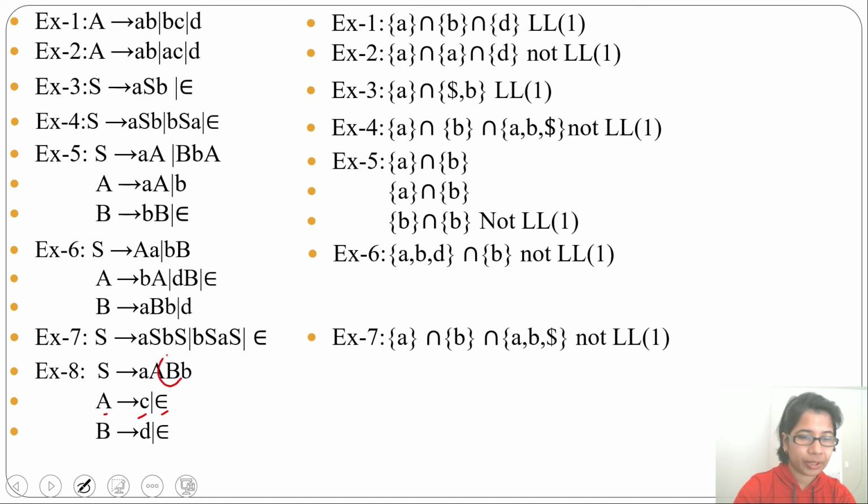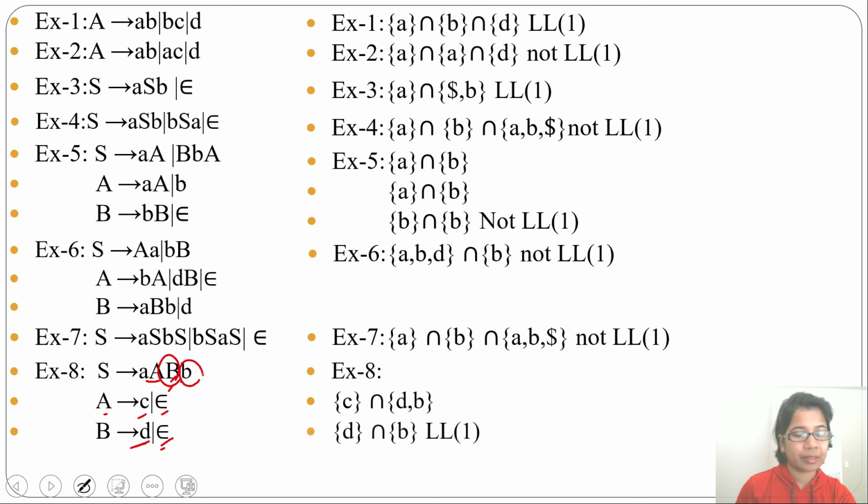Follow of A will be first of B. What is first of B? It is D and epsilon. When it is epsilon, follow of A will be simply B. So first of A will be C and follow of A will be B and D. There is nothing common. Next check for B. First of B will be D and epsilon, then follow of B will be B. Here D and B, there is nothing common. So this grammar is LL1.